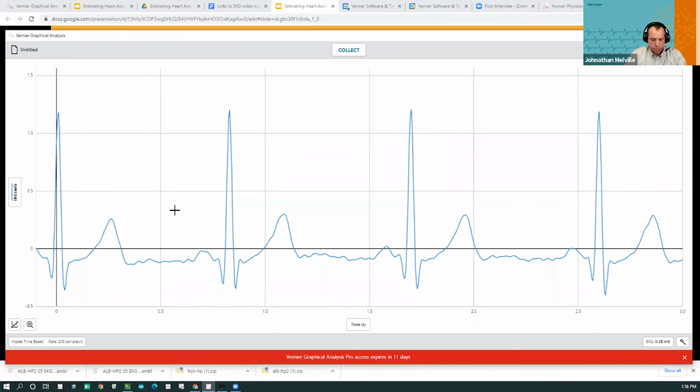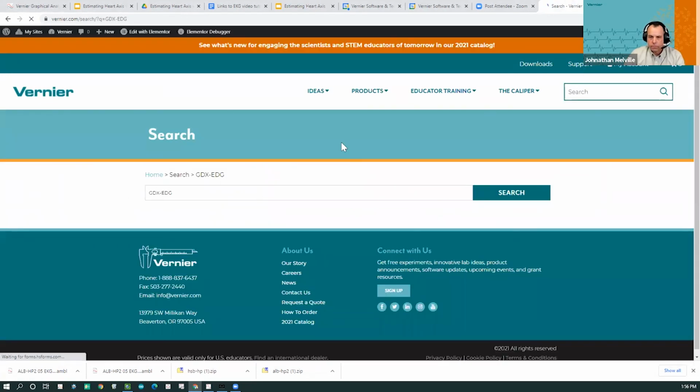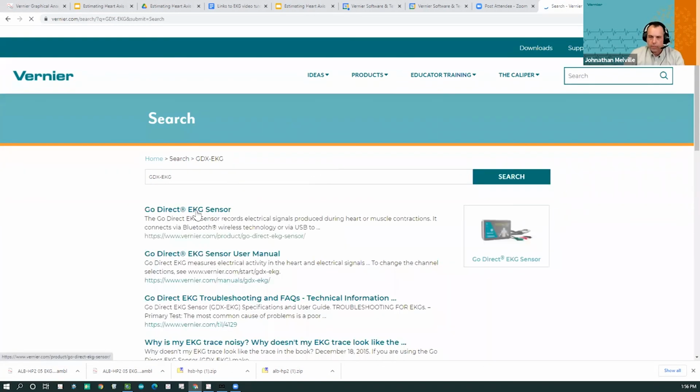Issues? It's actually quite an affordable sensor as well for what it does. Let's just take a look at it here really quick. There we go, Go Direct EKG.